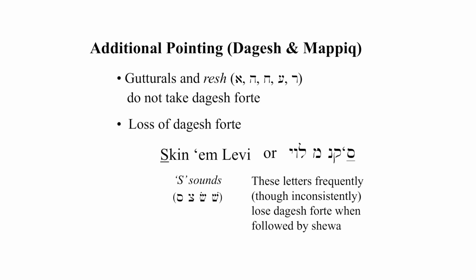So when they have a schwa beneath them, they will sometimes lose the doubling dot. We will return to that later. It's not going to be a central part of your exercises for this lesson, but it is important to log that in because it becomes a very prominent feature when we get into the formation of words.